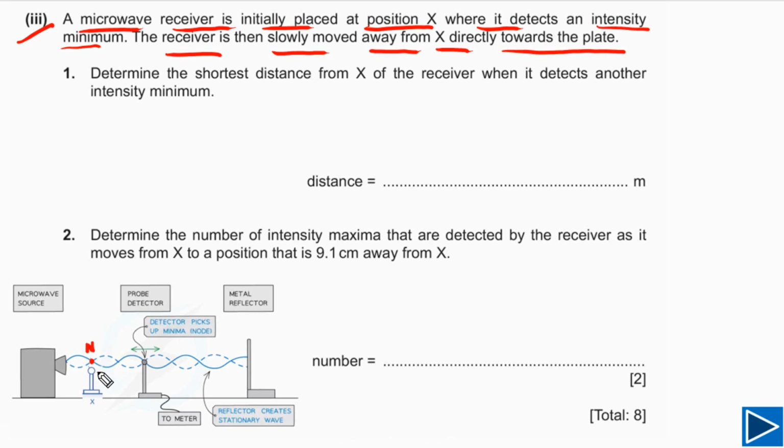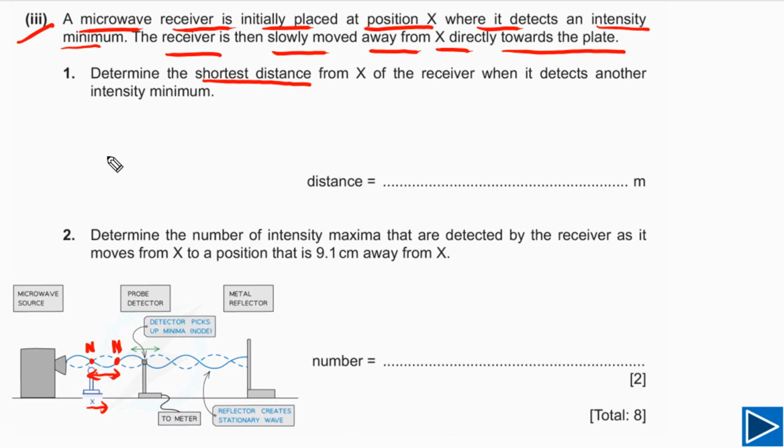Then this detector is moved to the right and detects another intensity minimum, or simply you can say node. A node is detected at this point, and the question is asking us to find the shortest distance between these two nodes.